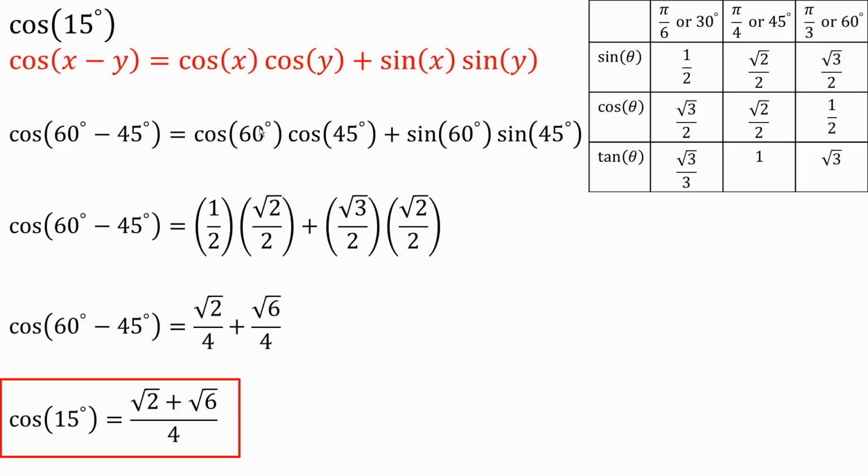And so cosine 60 we know is going to be 1/2, and cosine 45 will be the square root of 2 divided by 2, and sine 60 is going to be the square root of 3 divided by 2, and sine 45 will be the square root of 2 divided by 2. If you multiply it out, you get the square root of 2 divided by 4 plus the square root of 6 divided by 4. And so we can say that cosine 15 degrees is equal to the square root of 2 plus the square root of 6 divided by 4.